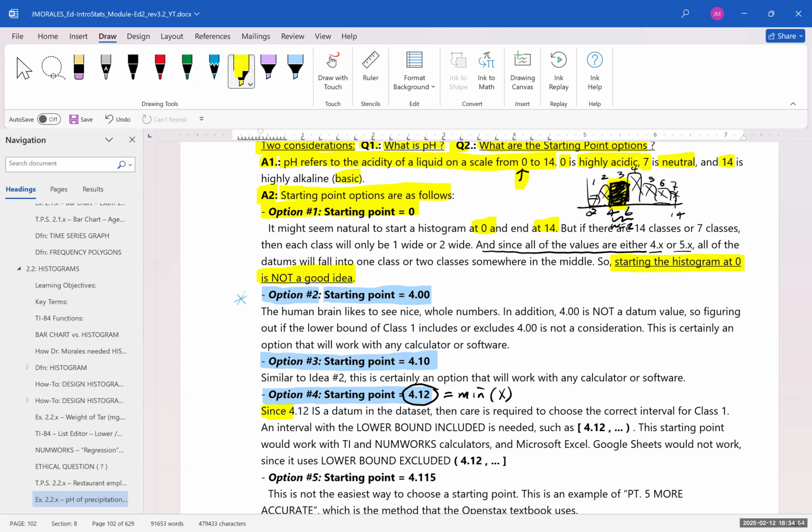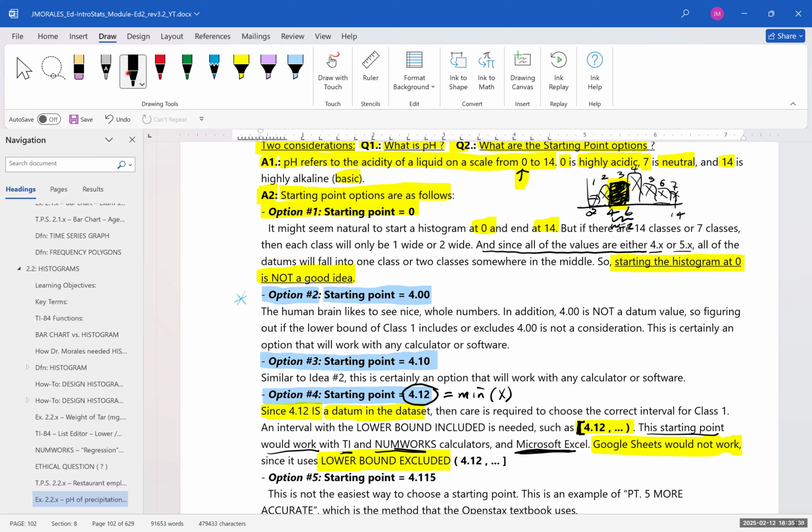Okay, so since 4.12 is a datum in the data set, care is required to choose the correct interval for class 1. An interval with the lower bound included is needed. So class 1 will have to be designed this way, where the lower bound includes 4.12. Now, this starting point would work with Texas Instruments and NumWorks calculators. It would even work with Microsoft Excel, but Google Sheets will not work because Google Sheets uses a lower bound excluded format.